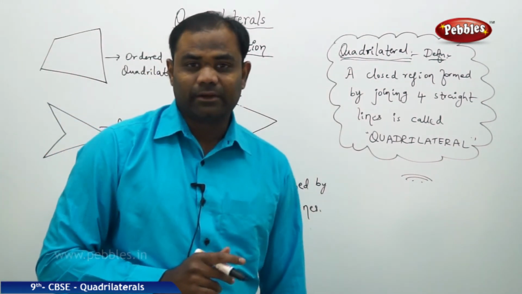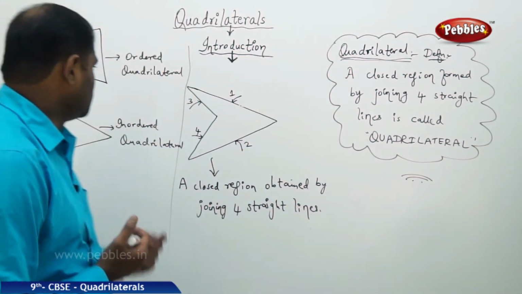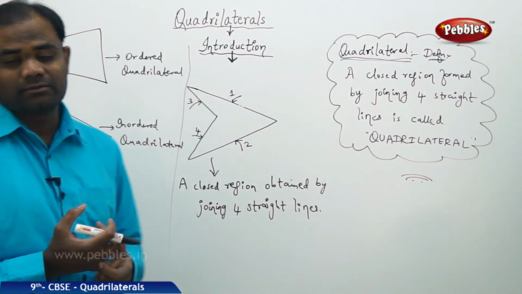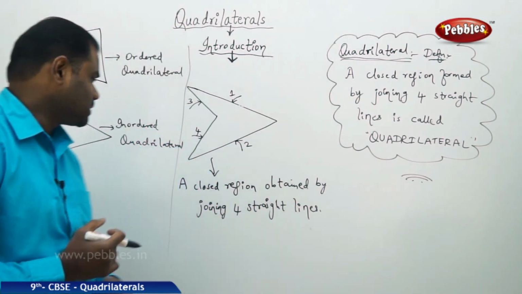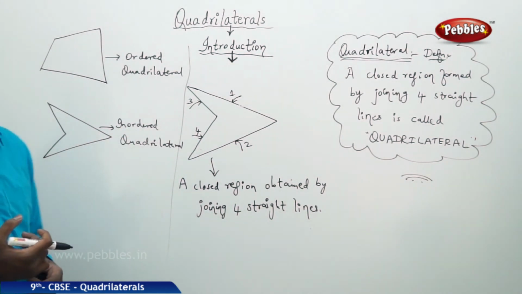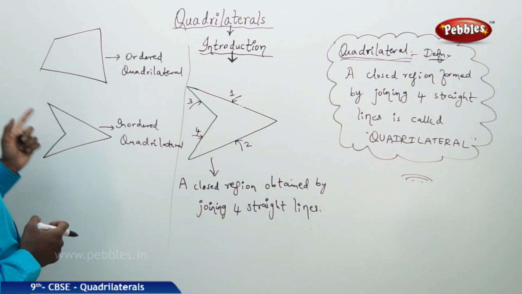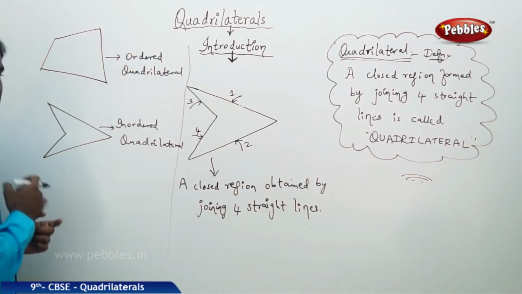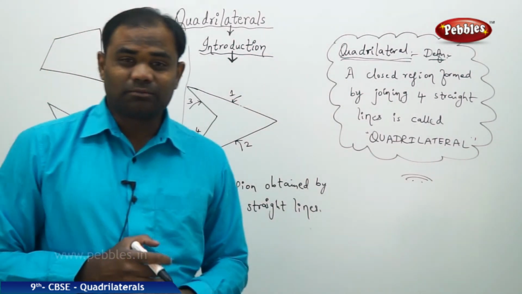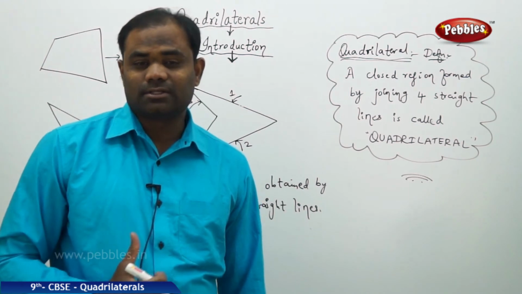Therefore, a quadrilateral can be understood in two types: the ordered quadrilateral, which we have seen in the previous case, and the unordered quadrilateral, which is in this form. Unordered in the sense that they are not exactly in order, but they are cut in between. The collinearity of points is what we take into consideration in understanding this concept better.